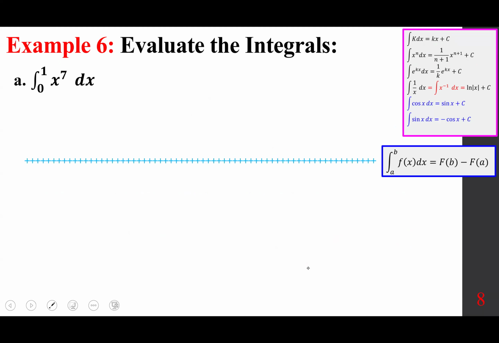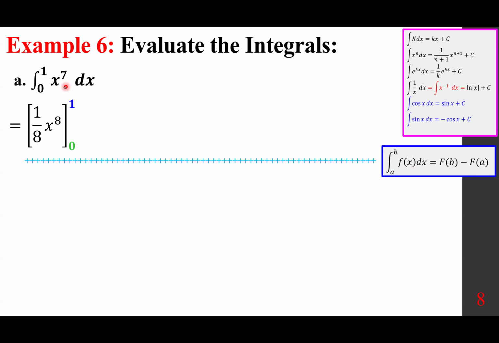We are dealing with definite integrals. The integral of a to b f of x dx is capital F of b minus capital F of a. So to integrate this, we're going to write one of the antiderivatives, 1 over 8 x to the power of 8.